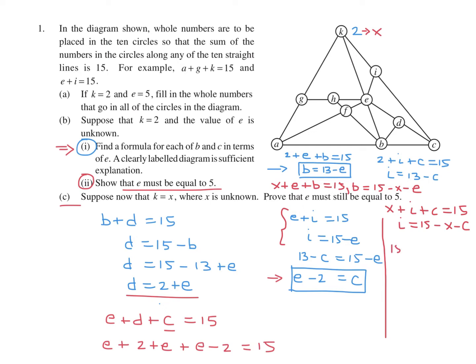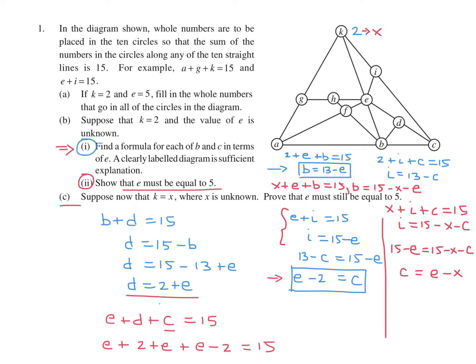We have 15 minus E from here. But over here it's slightly different: I this time is 15 minus X minus C. So the 15s disappear, and then if you put C on one side, you get C equals E minus X.